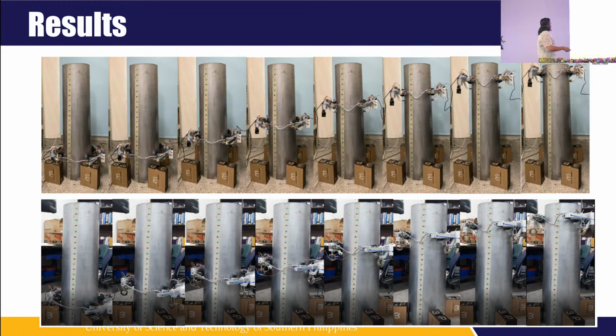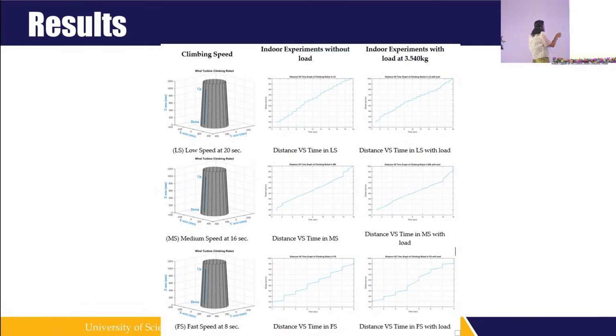In this result, there is a low speed, medium speed, and then high speed. For the low speed, it is 20 seconds, and the result is 62 millimeters per second as it reaches 1,200, and the data shows a linear climb going up.